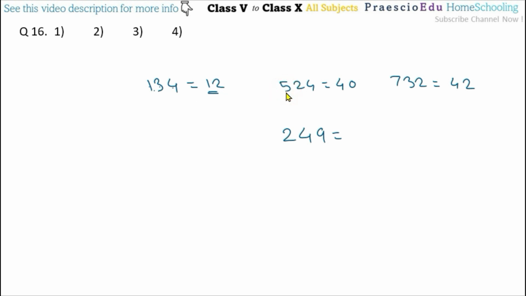Same here also, 5 multiplied by 2 is 10, 10 multiplied by 4 is 40. Same here also, 7 multiplied by 3 is 21, 21 multiplied by 2 is 42. So here also 2 multiplied by 4 is 8, and 8 multiplied by 9 is 72, and 72 is given in option number 3.